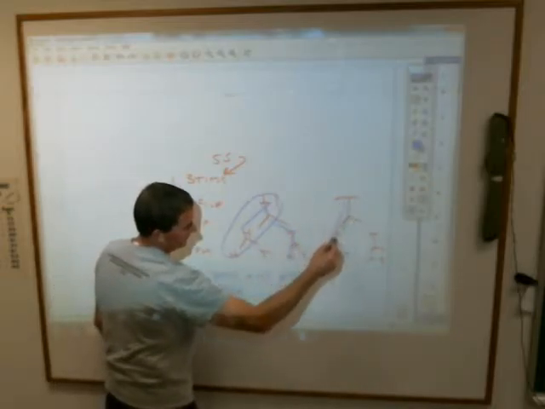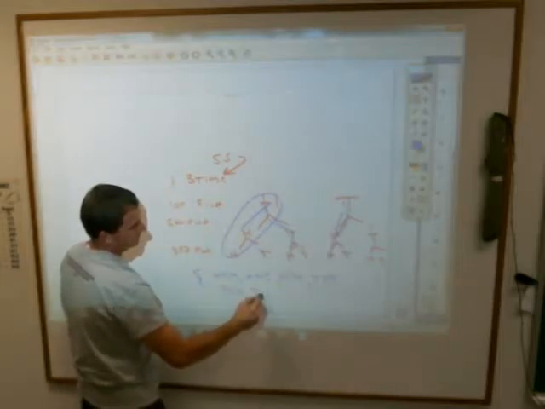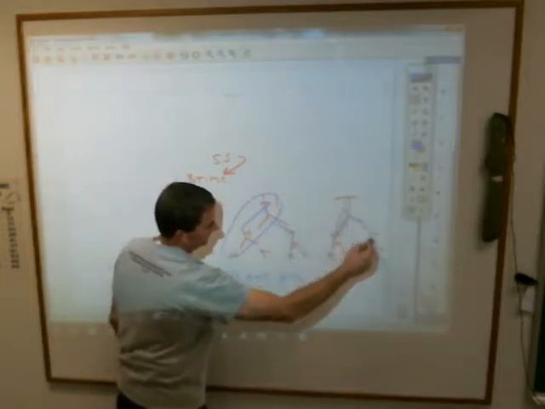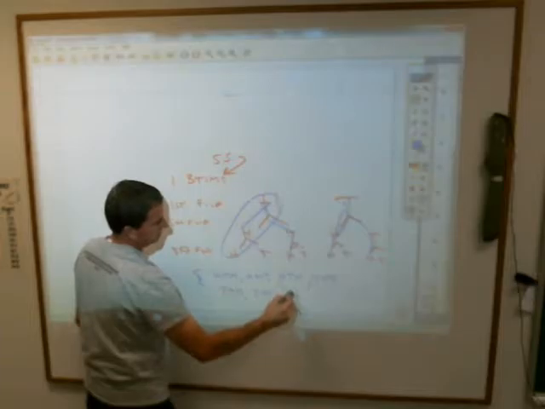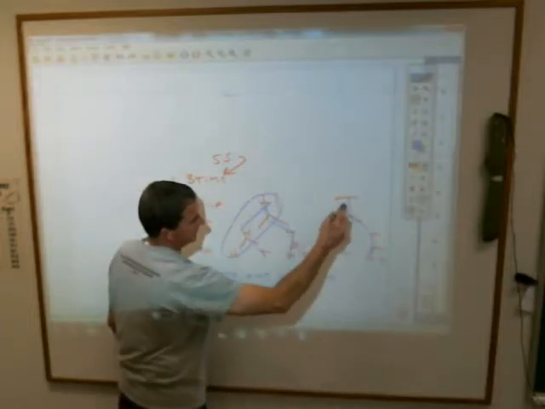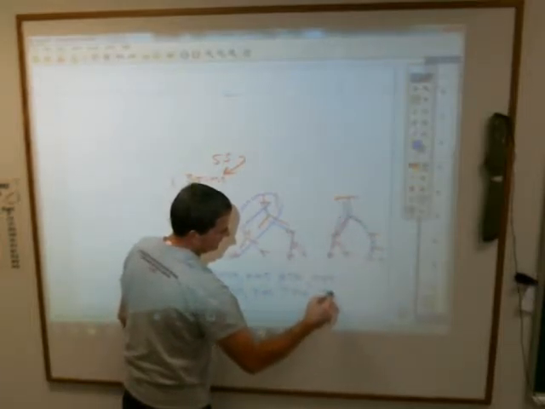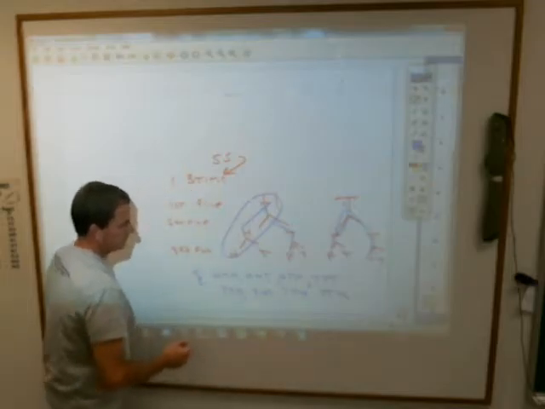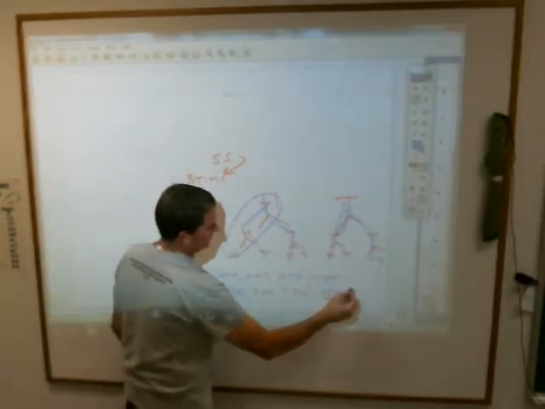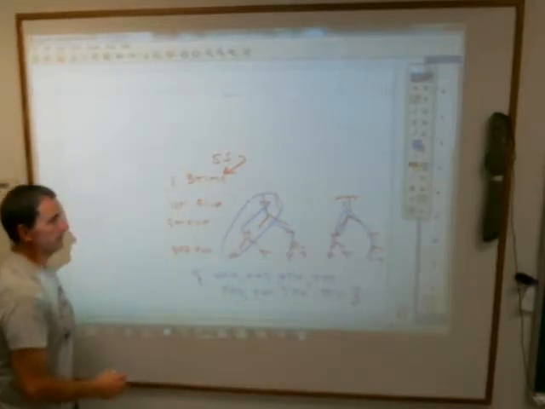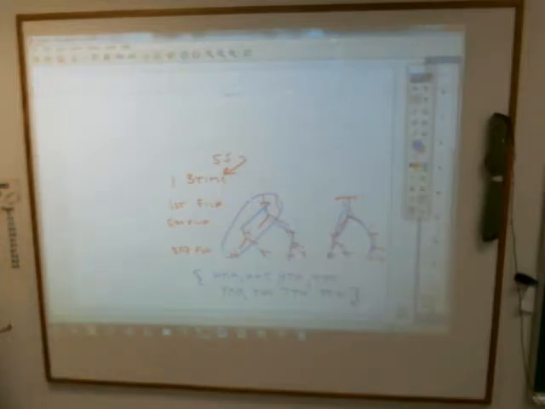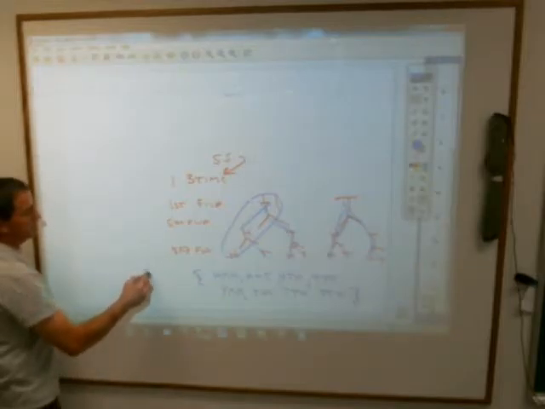You get tail, head, tail. You get tail, tail, head. And you could get tail, tail, tail. You have 8 different possibilities if you flip a coin three times, and those would be all there. This is the sample space.